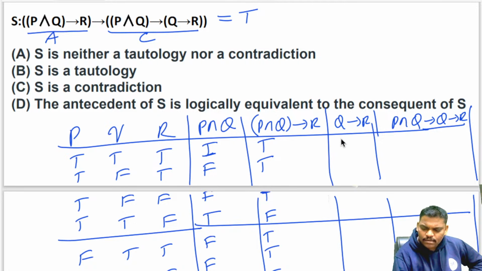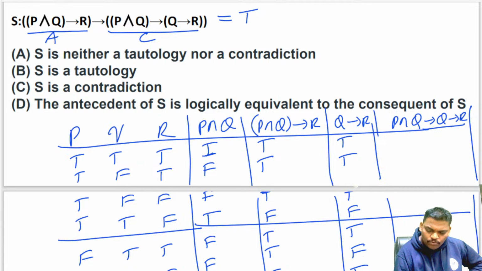Q implies R: true, true, true, false. Q implies R: true, false, true, true.